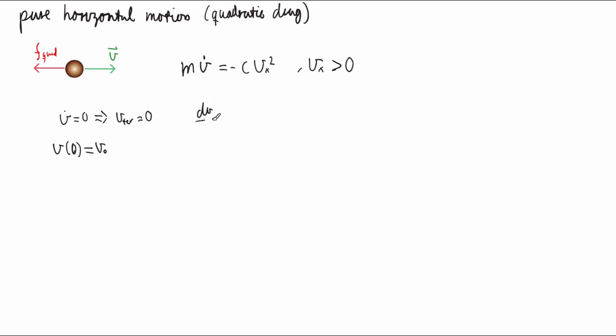We get dv dt equals minus c over m v squared. I'm getting rid of the x subscript here. And we start out with non-zero velocity. And this is very simple to solve.